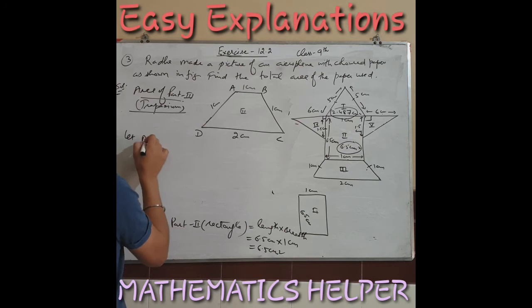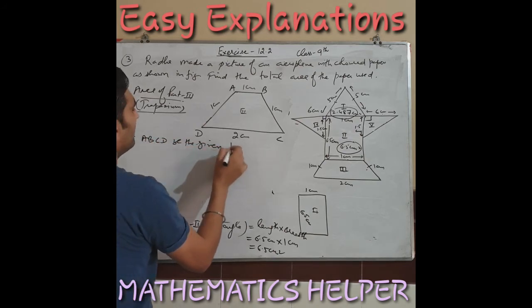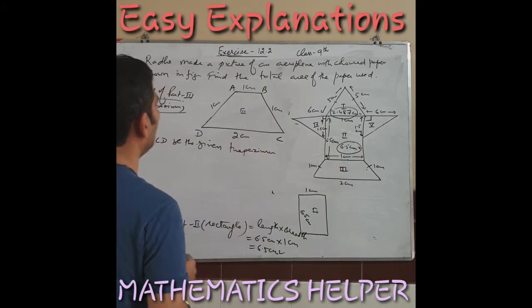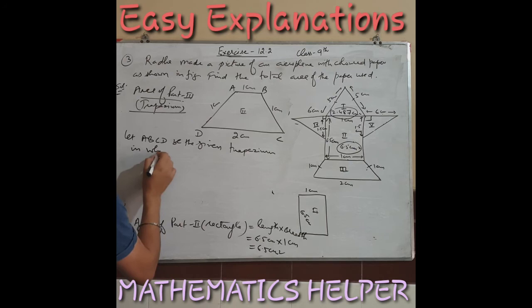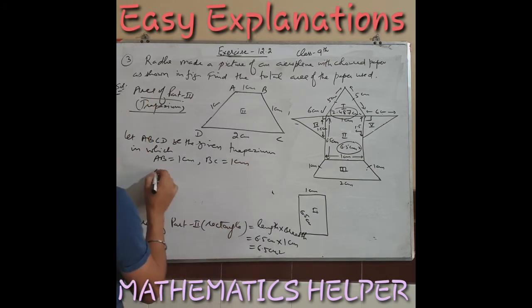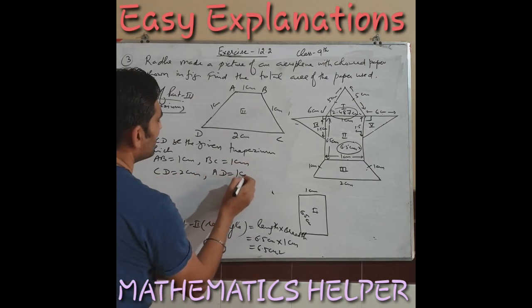Let ABCD be the given trapezium, in which you have all these sides given: AB 1, BC 1 centimeter, CD 2 centimeters, and AD 1 centimeter.